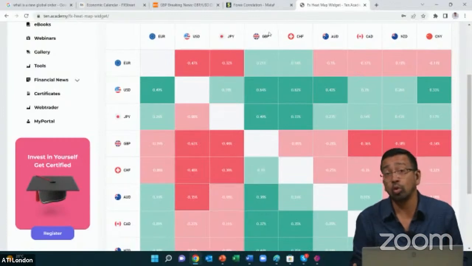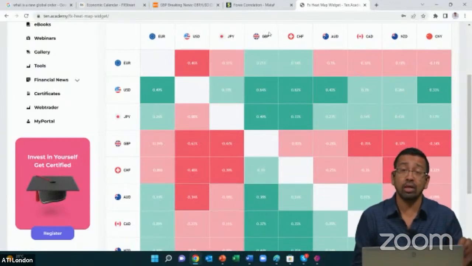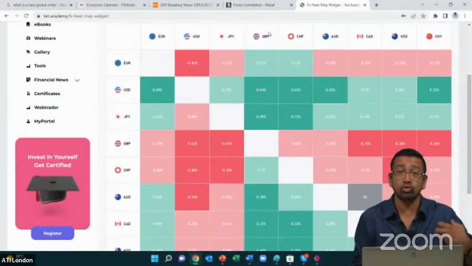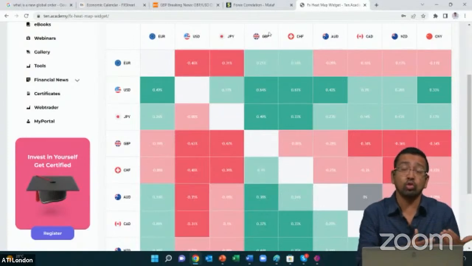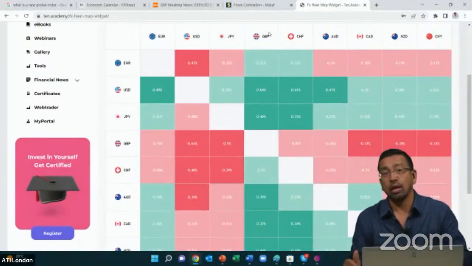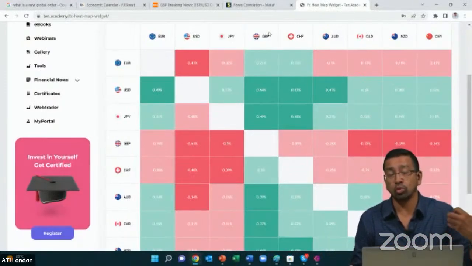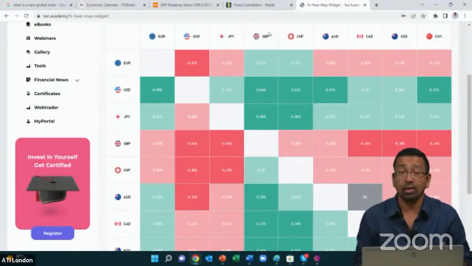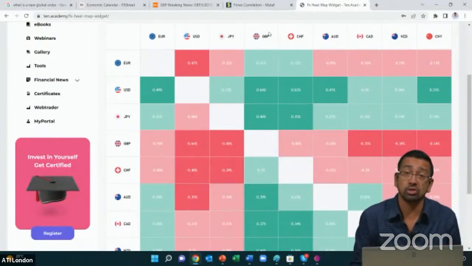Now, the way to do it in trading, you need to treat trading as a business. If you treat trading as a business, then you would need to trade the highest moving, most volatile, and most clearly trending pair. That is how you would have consistency in trading.